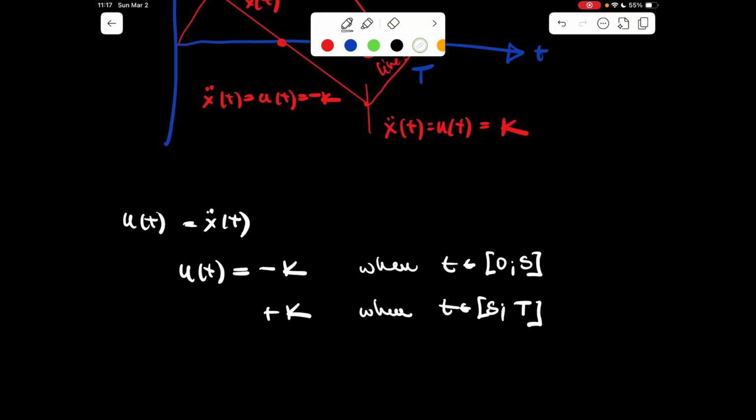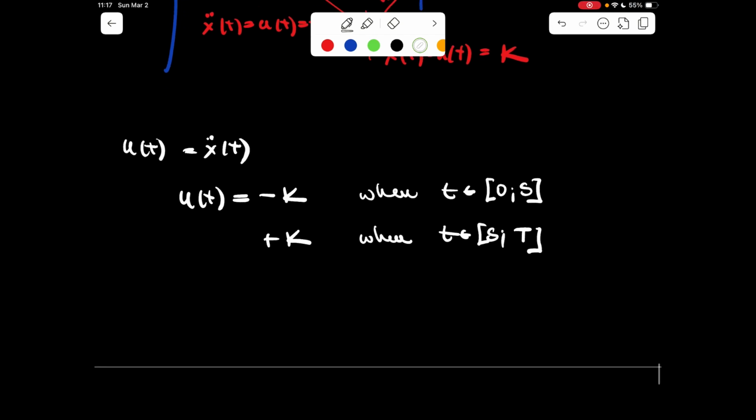Okay, so let's use these facts. We are looking for two parameters. K and s.